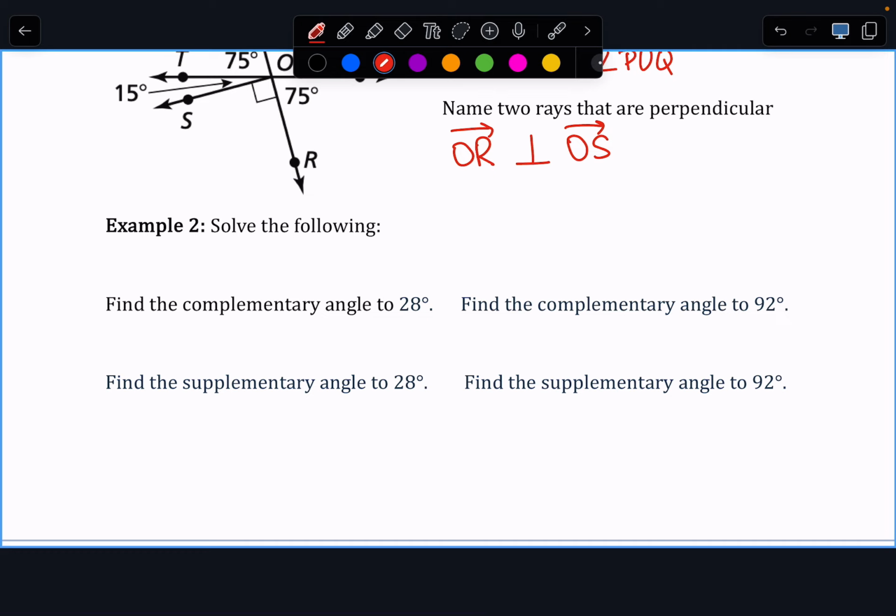Yeah, so supplementary. Have we had negative angles?